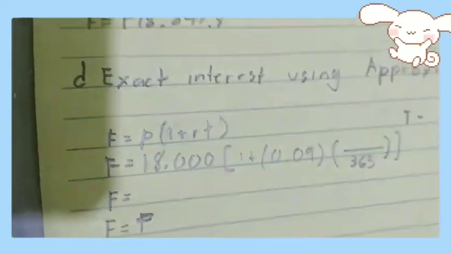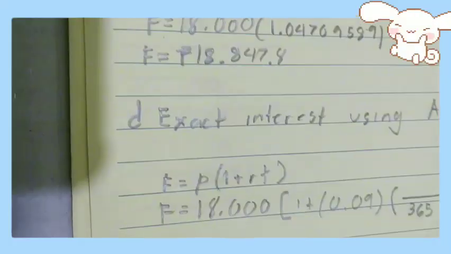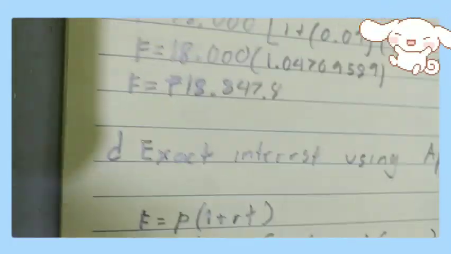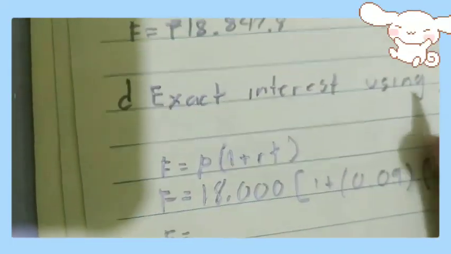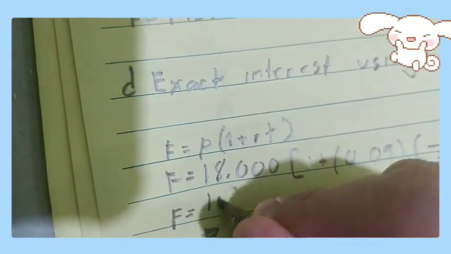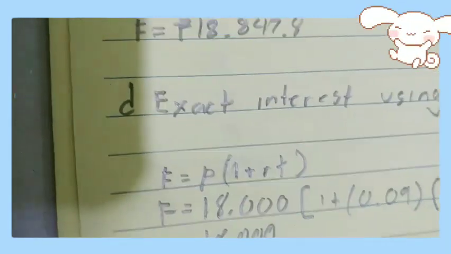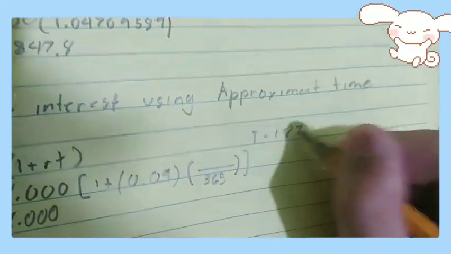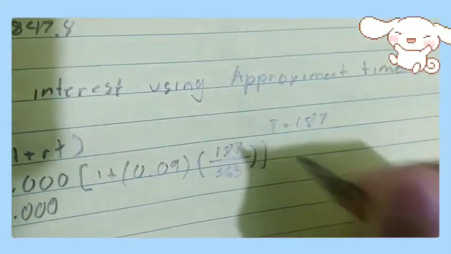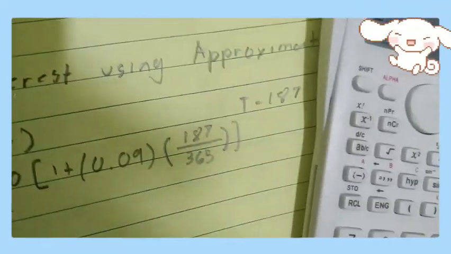Our letter D is exact interest using approximate time. Our formula is F equals P plus parenthesis 1 plus RT. So solve it again. Since we're using approximate time, we're using 187 over 365.